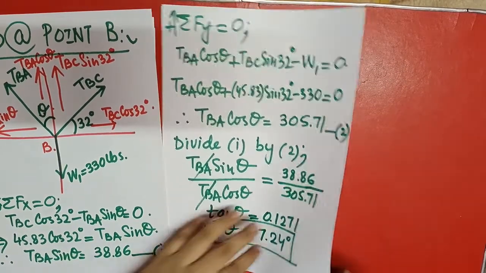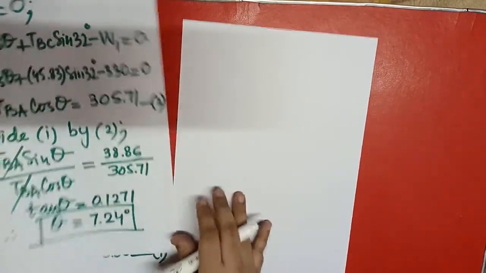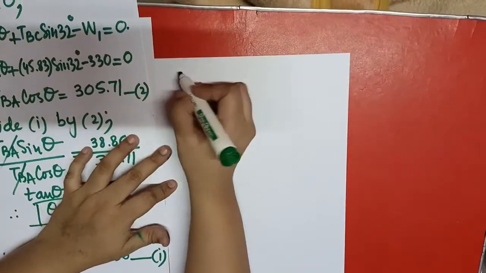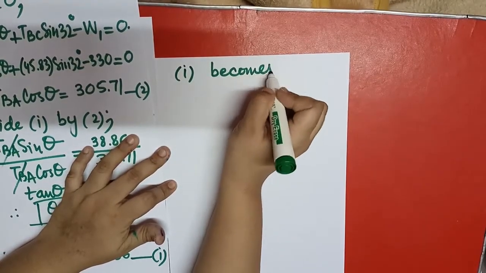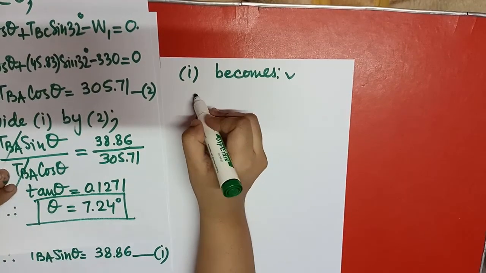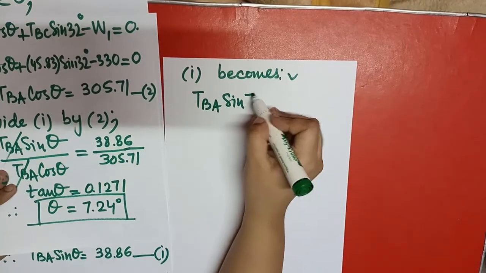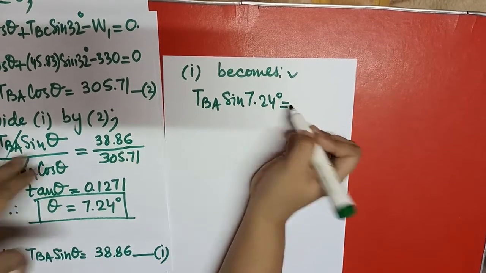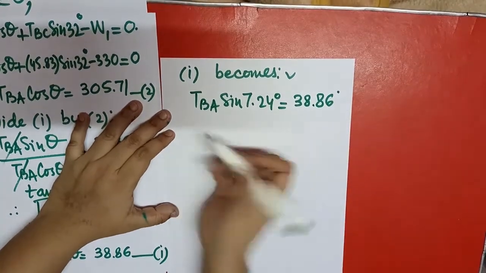Now what I am going to do next, I will put the value of theta in any equation. If you want to put it in equation 1 or 2, it's up to you. For example, I am going to put the value of theta in equation number 1. So TBA sine of theta, with 7.24 degrees, equals 38.86, not degrees, it's in pounds.